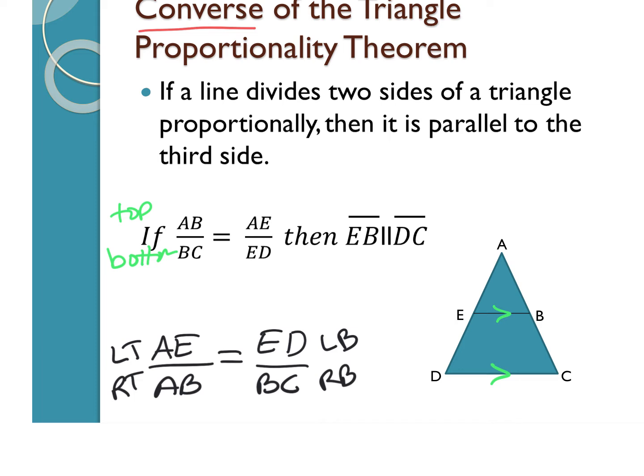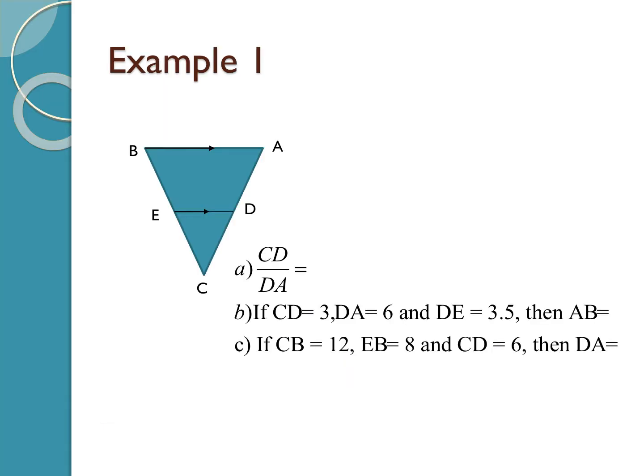Now let's try some examples of these two theorems. They want us to complete the proportionality statement. They've already started it for us, so we need to match. They've put CD, this bottom piece, over the top piece.